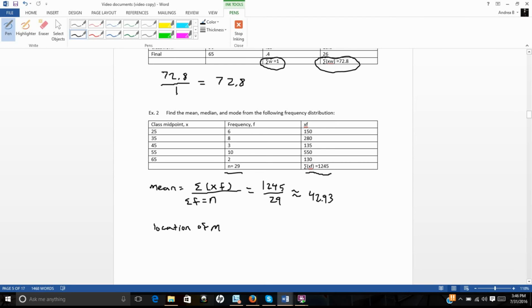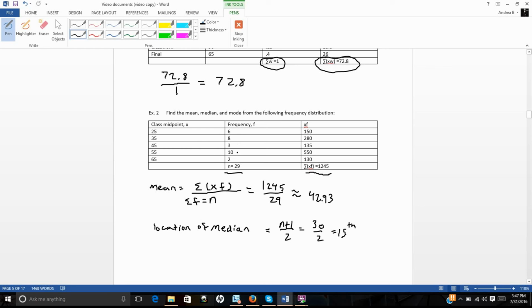To figure that out, we take our sample size, which remember is your n, plus 1, and then divide by 2. So in this case, 29 plus 1 gives us 30, divided by 2 gives us 15. So that means our median is in the 15th position.